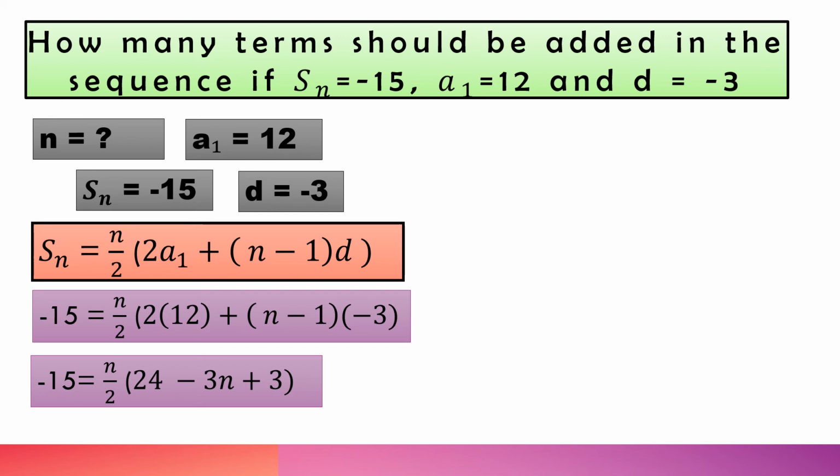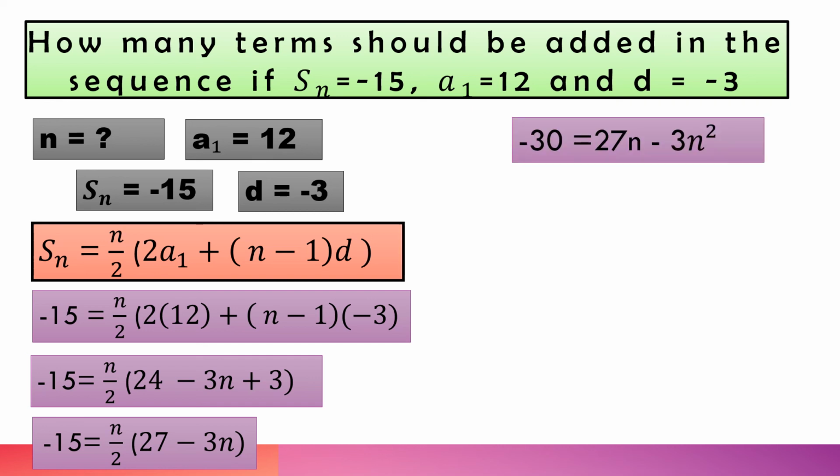Simplifying the terms inside the parentheses, we will then have negative 15 is equal to n over 2 times 27 minus 3n. Multiplying both sides by positive 2, we will then have negative 30 is equal to 27n minus 3n squared. That is equal to 3n squared minus 27n minus 30 is equal to 0.